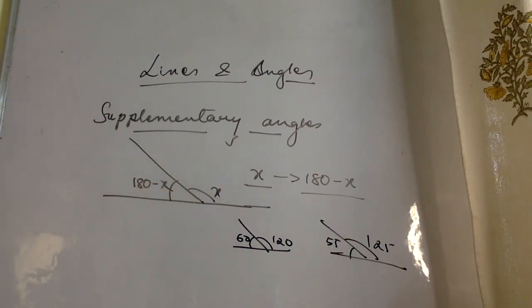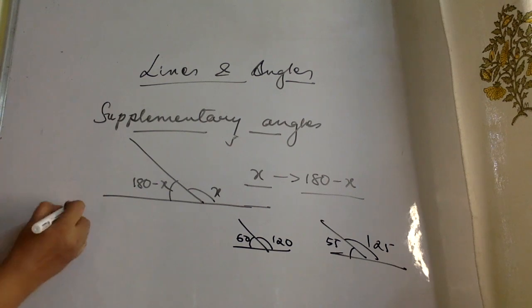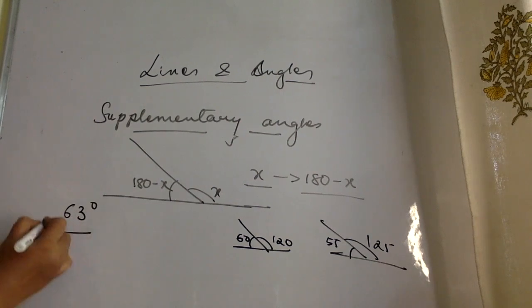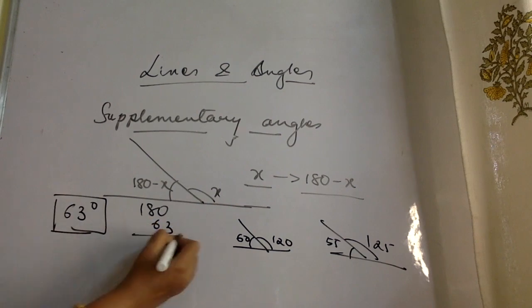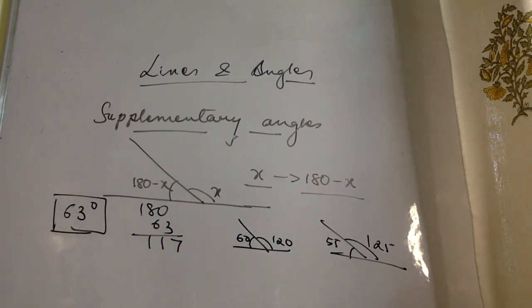If they ask us what is the supplementary of 63 degrees, all we have to do is 180 minus 63, and this is 117 degrees. Then let me take the supplementary of 138 degrees.